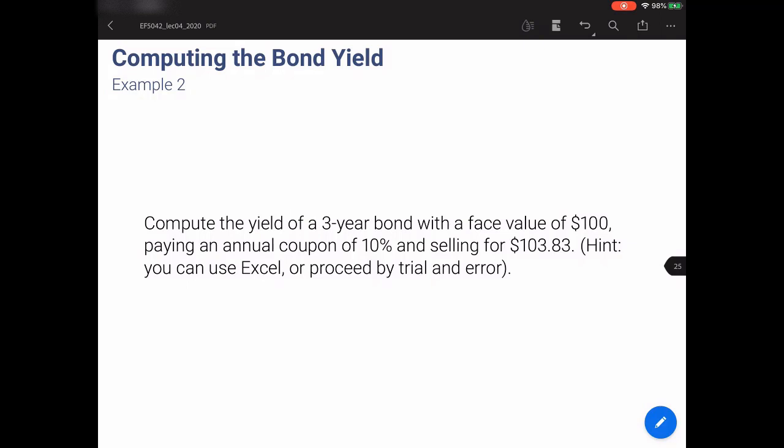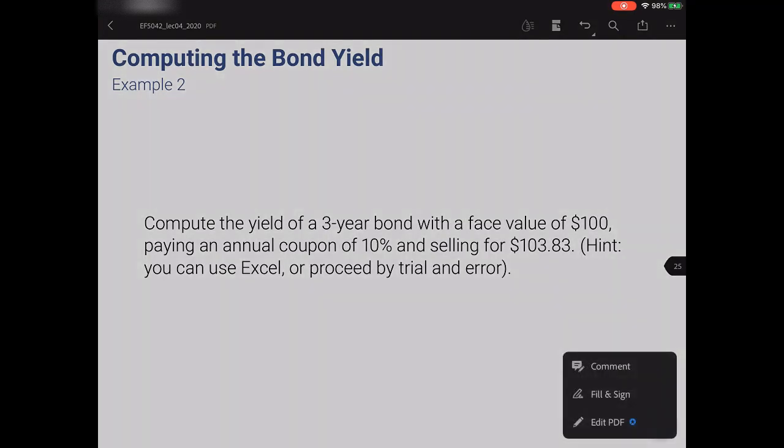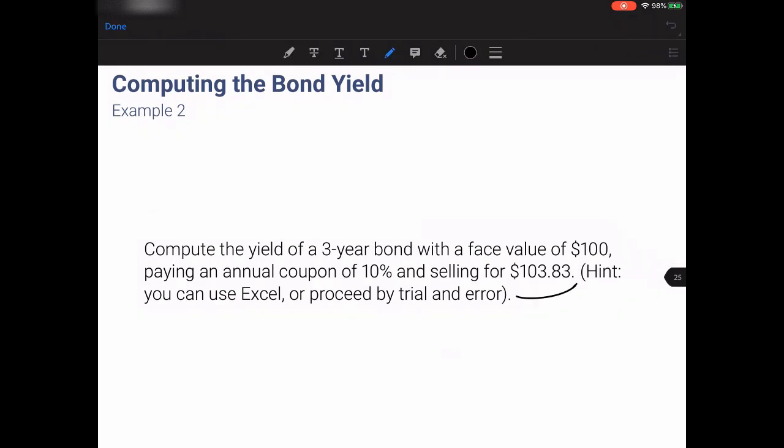So what we're going to do is essentially first set up the bond pricing equation, and then we can use the IRR formula in Excel, or simply just trial and error. For teaching purposes, I'm just going to write out some test yield to maturity, and then eventually show you that this specific yield matches the present value that's given to us. The price that's given to us is the present value.